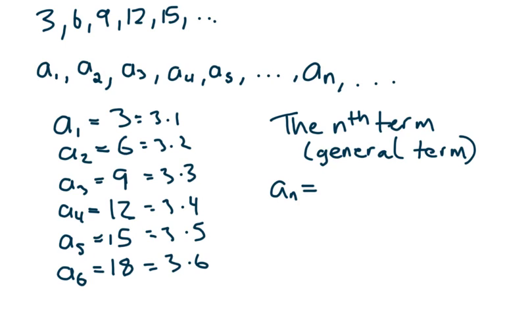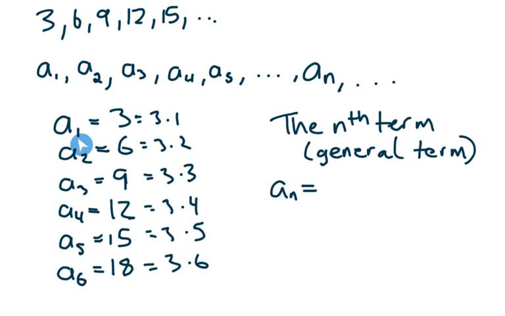And now we'd like to come up with a formula for the general term of the sequence. Now that we've identified what they have in common, and we were able to express them all as multiples of 3, by writing them as 3 times something, we look to see if this has any relation to the index, the subscript.